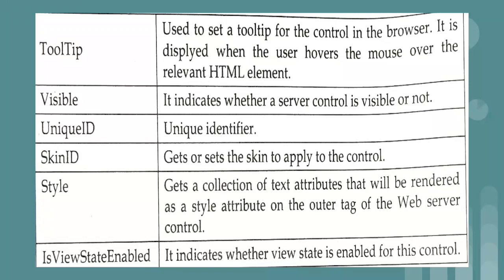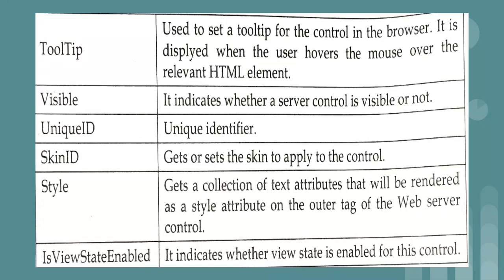Then we have the style property also. With the help of this property we can get a collection of text attributes, that is we can set the style for a specific tag, and actually style is a tag also. Then the last property is EnableViewState. When we call the page events, means when we start the execution of the page, there are so many events that occur.